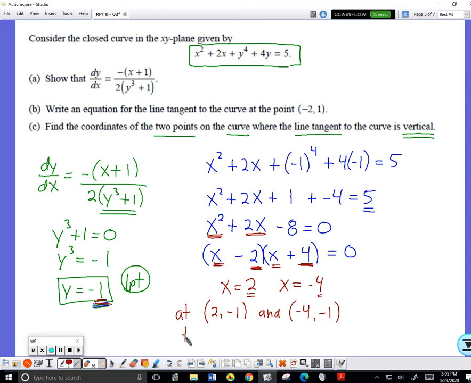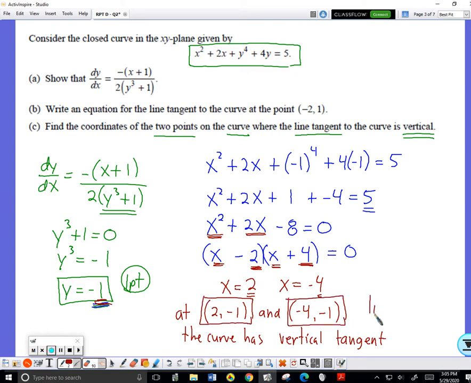The curve has vertical tangents. And that's the second point. So finding the 2 points, I don't really think you need the words on this one. As long as you somehow indicate that you found both points, that will give you a second point for that problem.